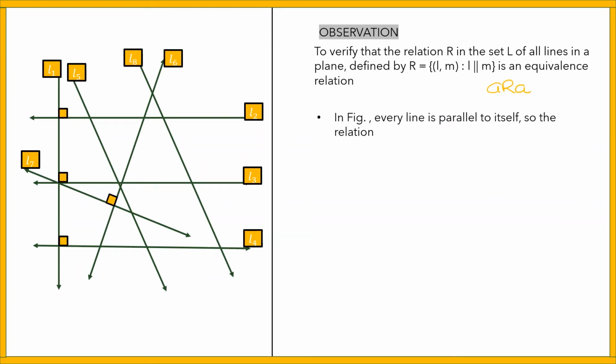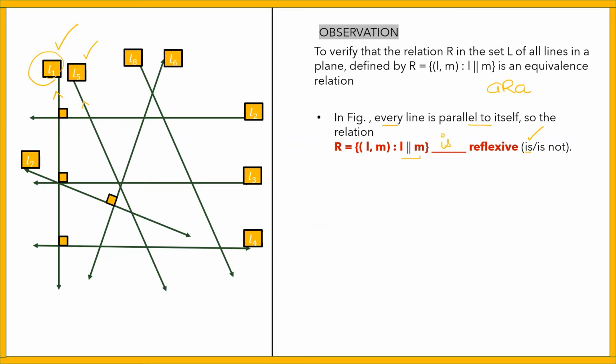You see the figure, take an example of any line, say L1. This line L1 is parallel to itself. Yes, L5 is parallel to itself. Yes. So we can say every line is parallel to itself. So the relation R, L is related to M, L is parallel to M, is a reflexive relation.